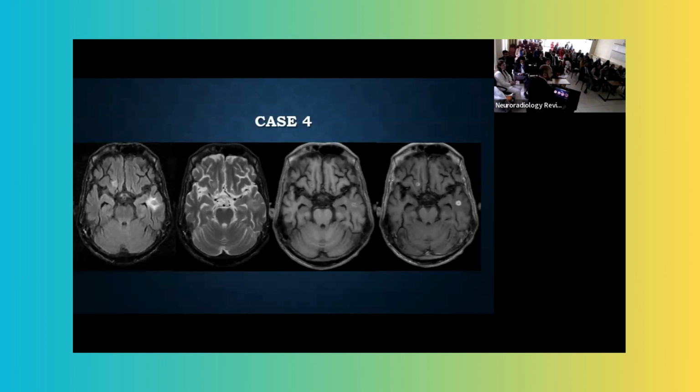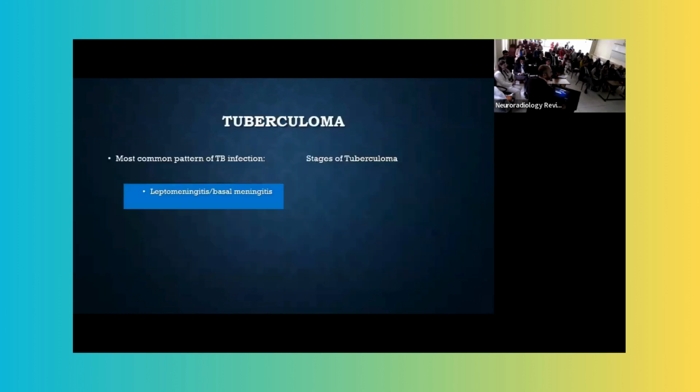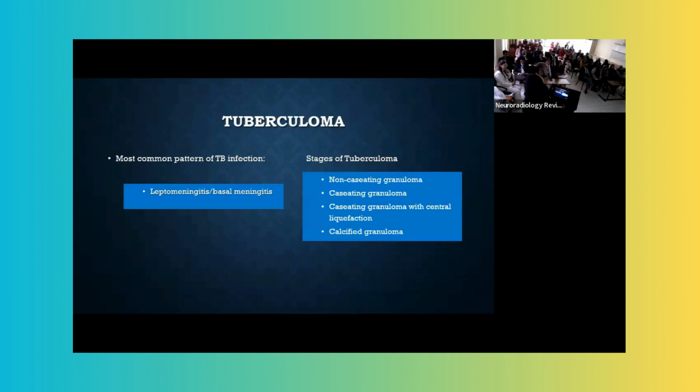And then the key finding is also, on the pre-contrast, you see a hyperintense signal, which shows a typical thick wall enhancement, a very typical feature, okay? So these are the features of tuberculoma we have discussed. But this is not the common presentation, okay? You have to remember basal meningitis, as I mentioned, is a common presentation. And these are the stages of the tuberculoma, as I mentioned, okay?